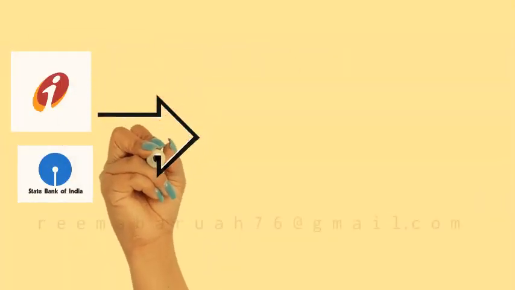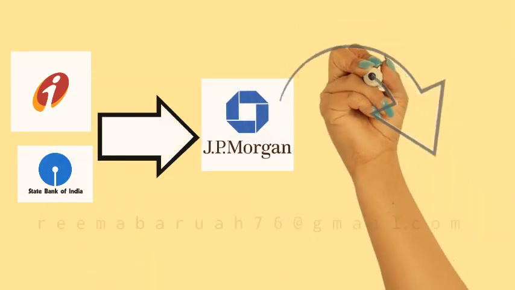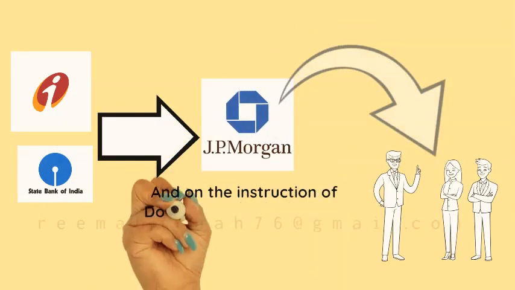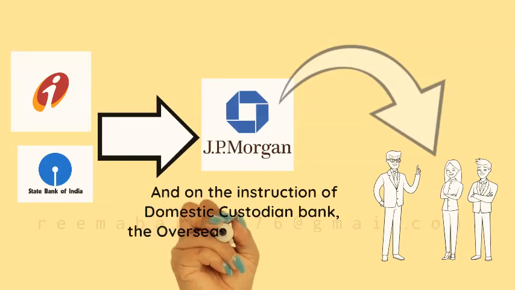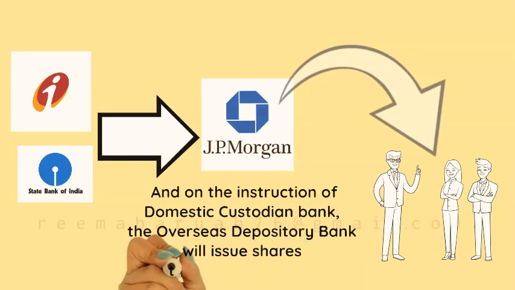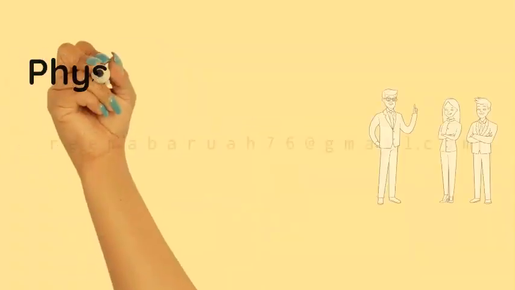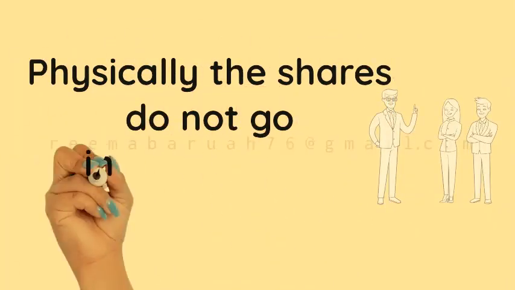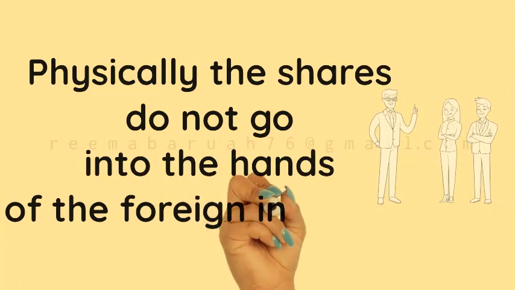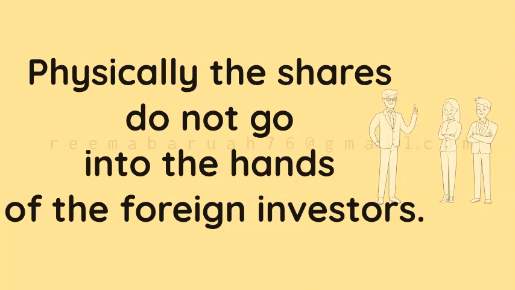And on the instruction of the domestic custodian bank, the overseas depository bank will issue shares to foreign investors. Physically, the shares do not go into the hands of the foreign investors.